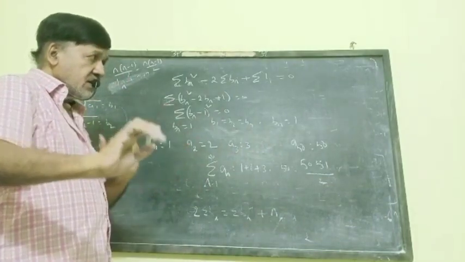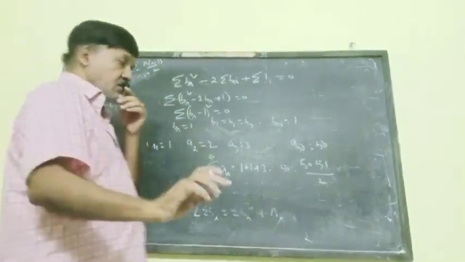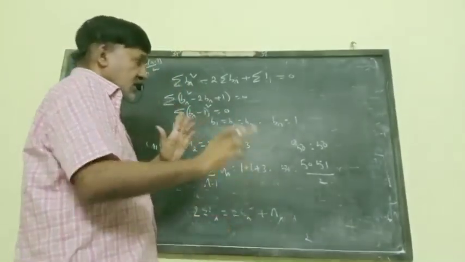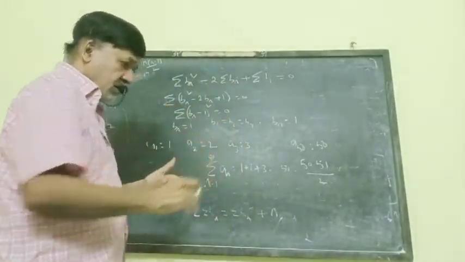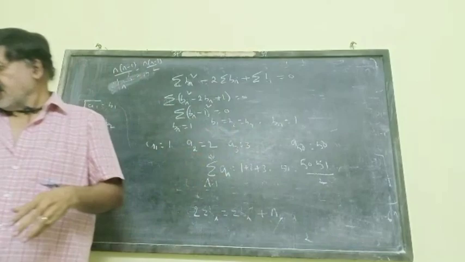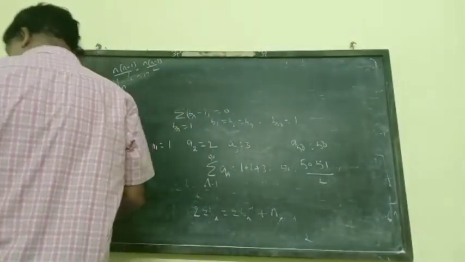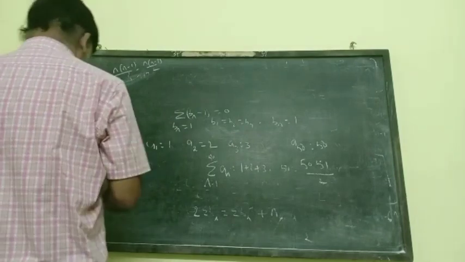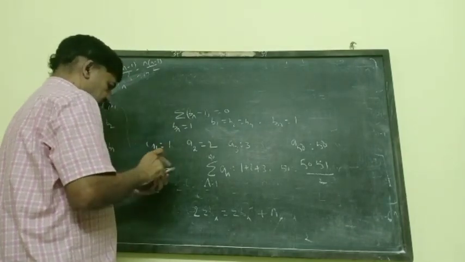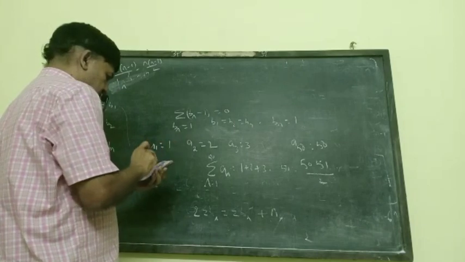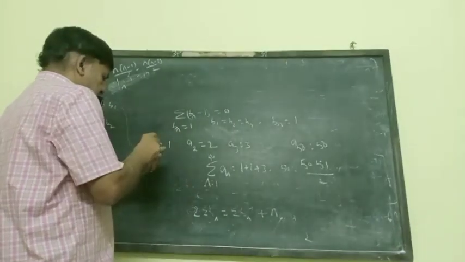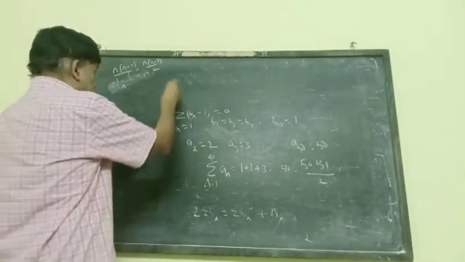You just make a correction in the problem, just in the beginning, that n into n minus 3 by 2. So you just see the problem. The problem should be like this. So there's a mistake in the problem. I think the correct problem I am once again writing.